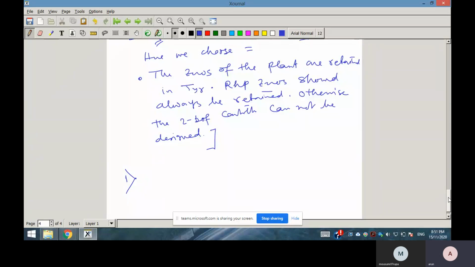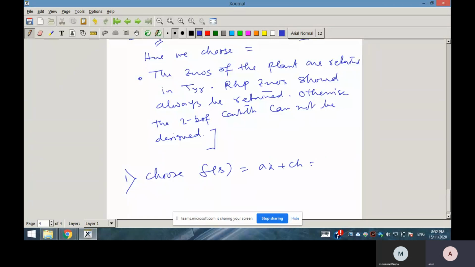So the first one will be what? First one will be choose delta S equal to AK plus CH.